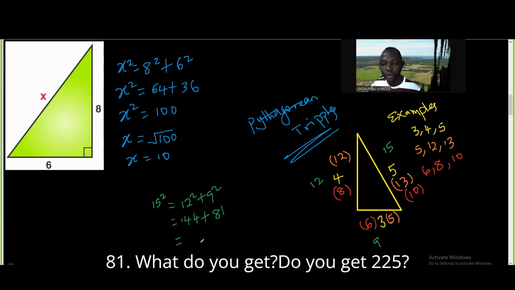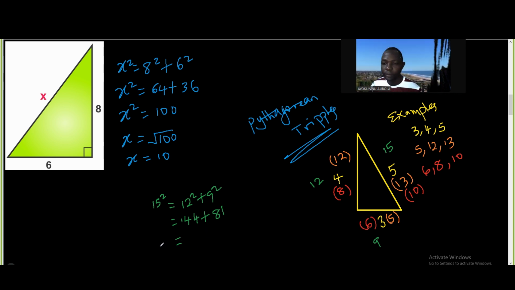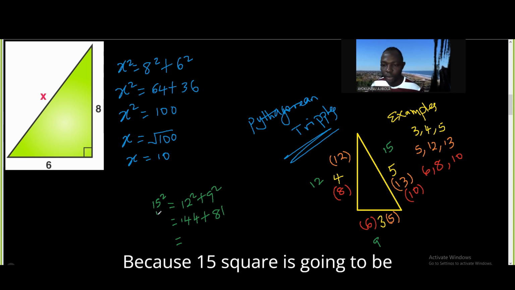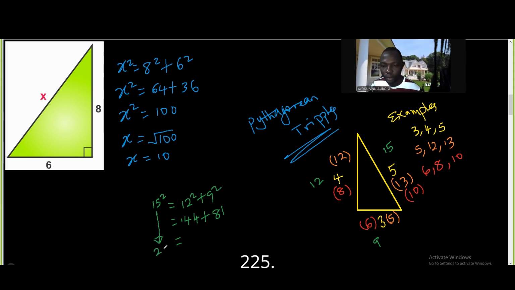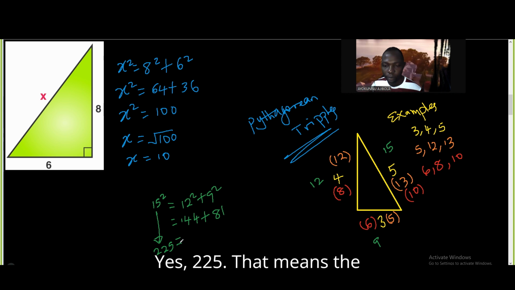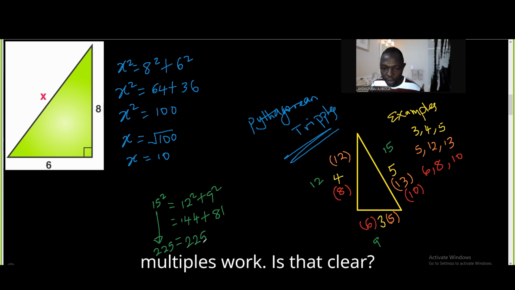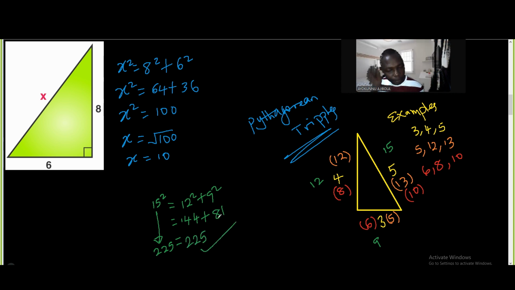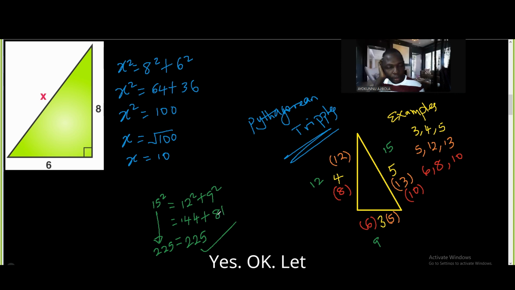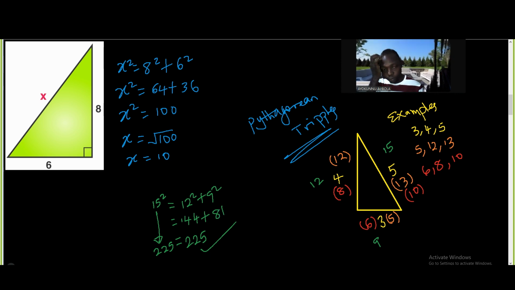What do you get? Do you get 225? Because 15 squared is 225. Yes, 225. That means the multiples work. Is that clear?